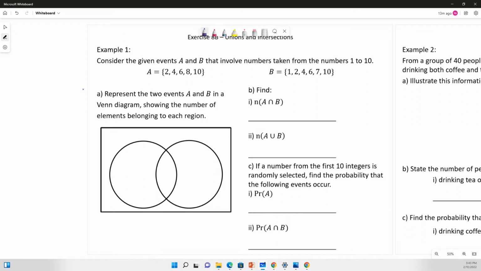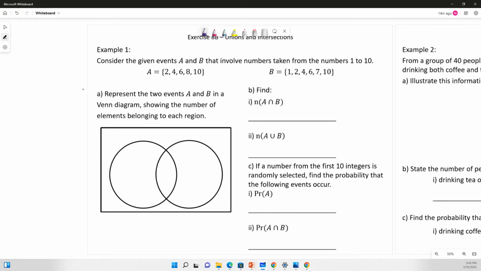Set A here is getting our even numbers, 2, 4, 6, 8, and 10. And set B, we've got 1, 2, 4, 6, 7, and 10. So if you like, you can pause the video and try this on your own, and then check back and see if you got the same answers as me. If you're not sure how to get started, then let's work through it together.